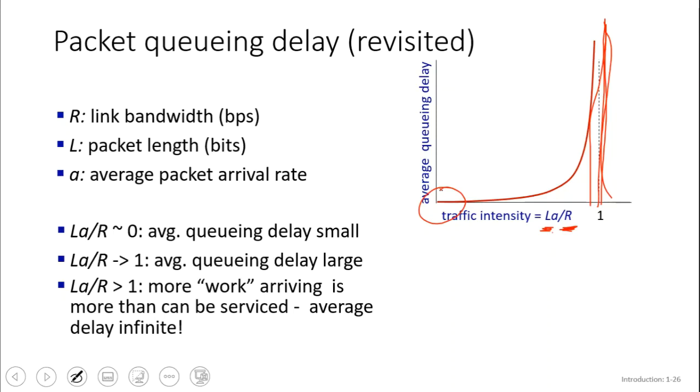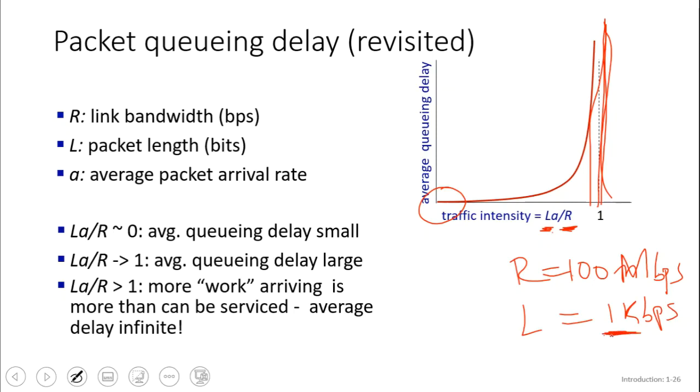An example: you have a transmission rate of 100 megabits per second, and then you have L, which is let's say 1 kilobit.